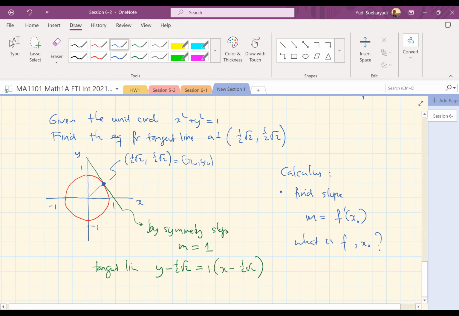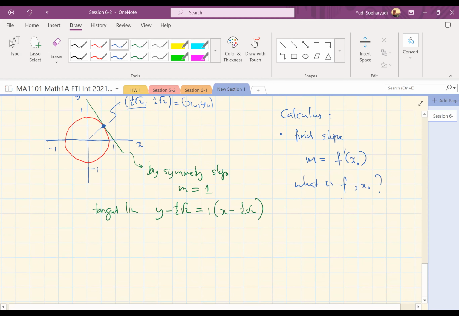So x0, that's easy. x0 here is this one. But what is f? Because we don't have f here in an implicit thing. So this is implicit. So what we do here is that f comes from making explicit expressions.